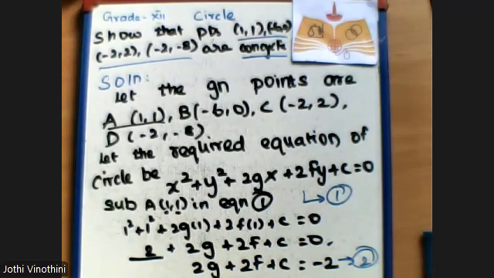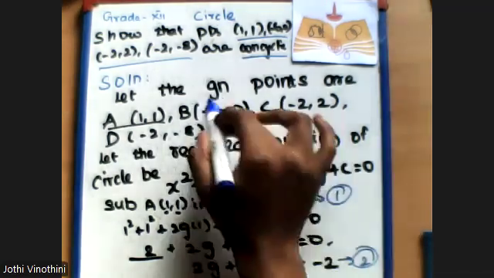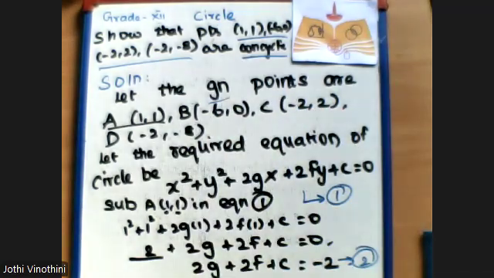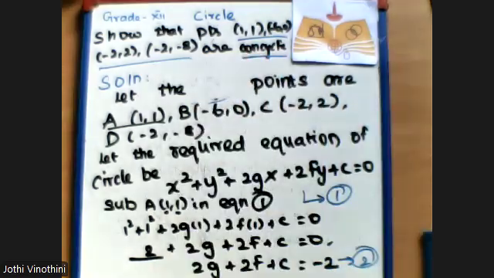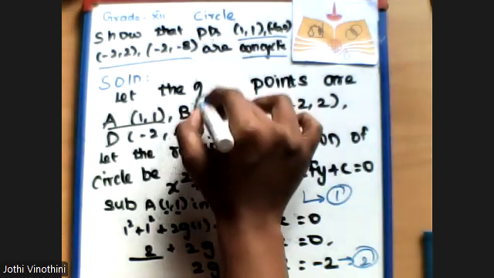I will give you 1 minute so that you can copy this and we will move to the next sum, right? Okay, GN, it's nothing but given, right? Okay, I will replace it. It will be given.